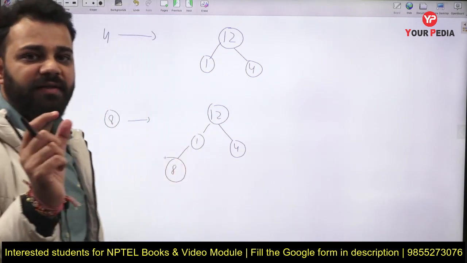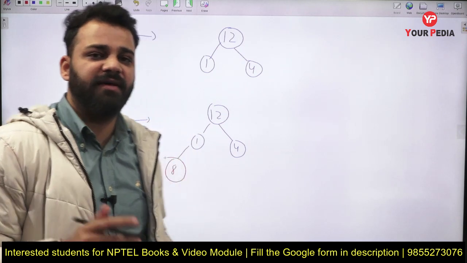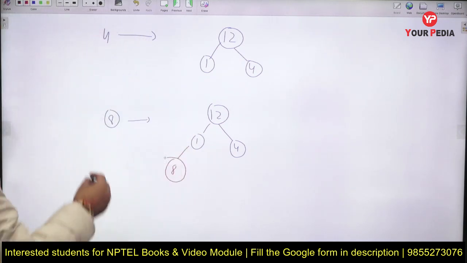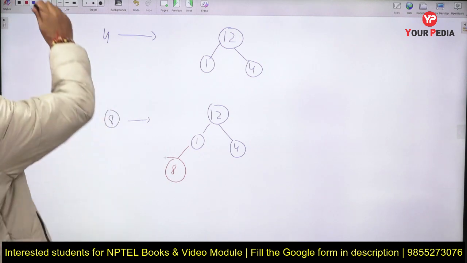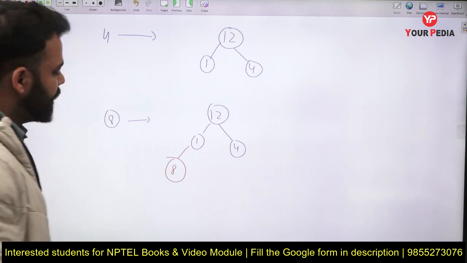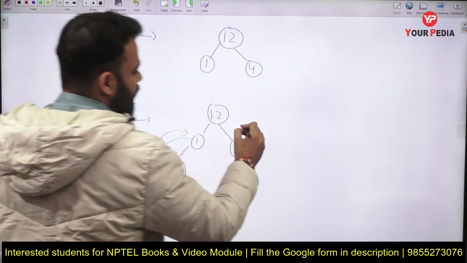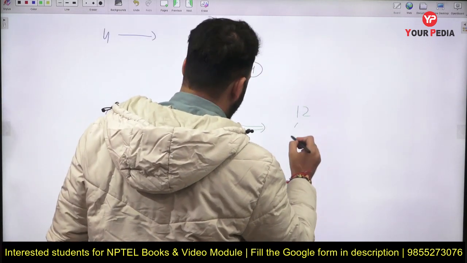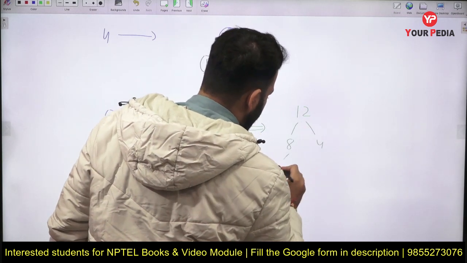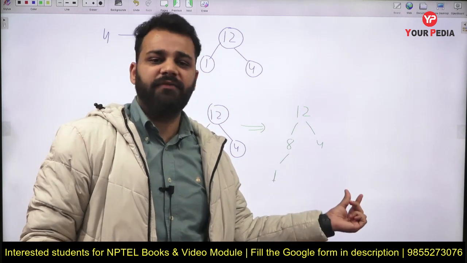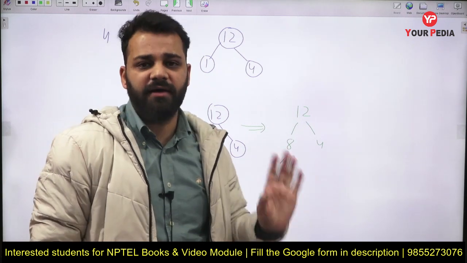So the property that we need to satisfy for max heap, that the parent value should be greater than the child value, is not satisfied here. So what we will do is we will max heapify it. How we will max heapify it? We will just interchange these values, and the new tree will be 12, 8, 4 and 1. Now there is no issue with this tree. 12 is greater than 8 and 4, and 8 is greater than 1.